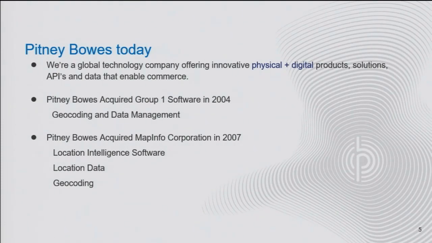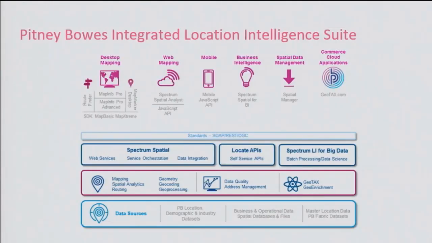Just for history, Pitney Bowes acquired Group 1, which is a geocoding company, and then they also acquired MapInfo and others since then to build up their location intelligence capabilities, which are used throughout all of Pitney Bowes software and other products. So we have tons of data we've built up from MapInfo days, and we also have world-class geocoding.